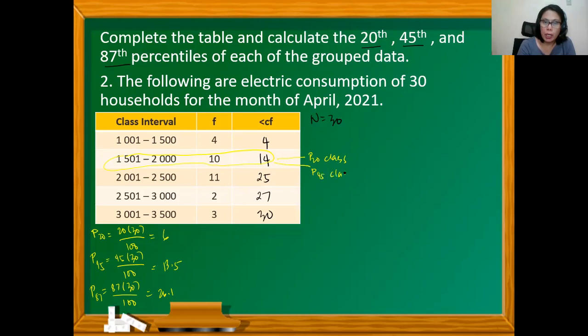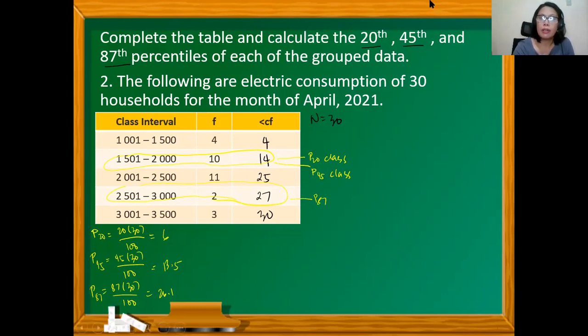So, meaning P sub 20 and P sub 45 share the same percentile classes. And then for 26.1, we're going to consider the fourth class since 27 is greater than 26.1 and this is closer to 26.1 than 30. So this will be your P sub 87.